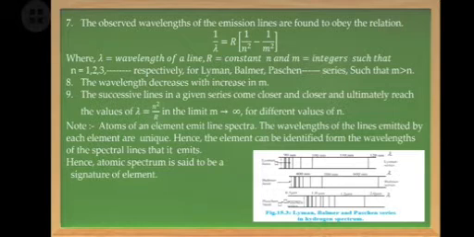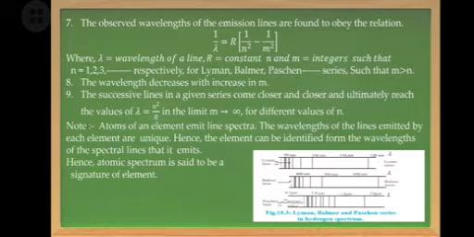So you can find out the series limit of any of these 5 series by substituting the value of n and the Rydberg's constant R by using the given equation, lambda equals n square upon R. So remember this is important because we are going to solve examples based on these formulas.